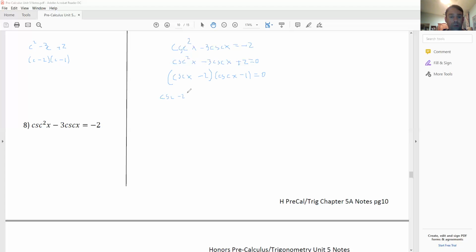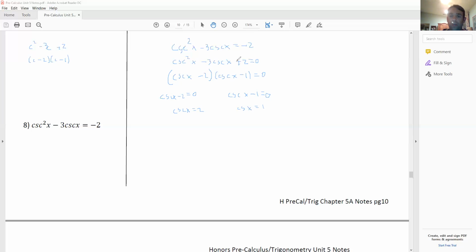Cosecant x minus 2 equals 0, and cosecant x minus 1 equals 0. So when you're doing this, let's first solve it here. Cosecant x equals 2, and cosecant x equals 1.